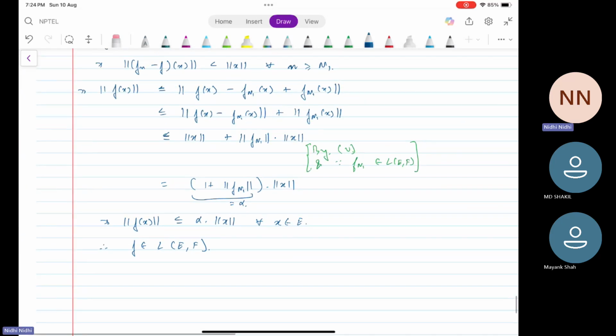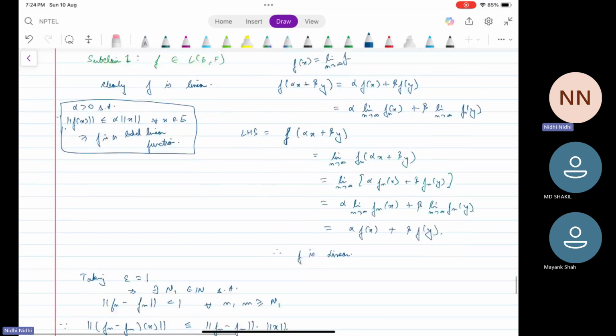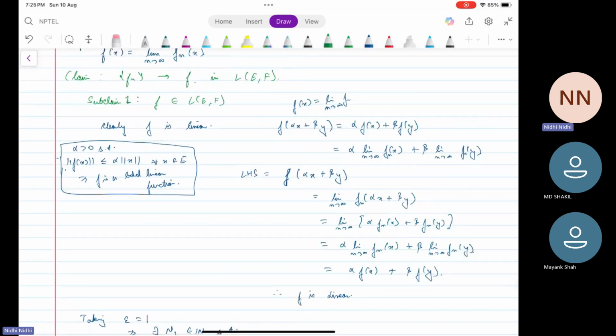Next, all we need to show is that this sequence Fn converges to F in the operator norm.